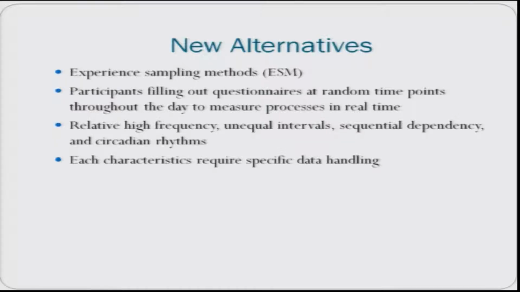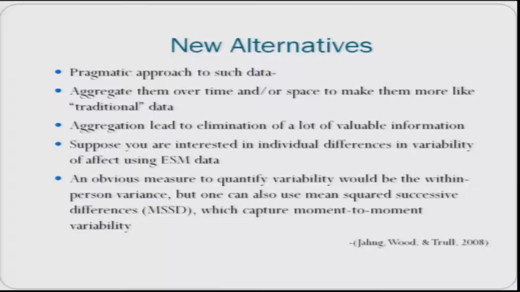Now, each of these characteristics requires a specific data handling technique, and therefore, in the beginning I said that you need to master certain skills if you want to investigate certain things yourself. Now, the pragmatic approach to handle such data would be to aggregate all of them over time or over space or both, and just make it like traditional data.